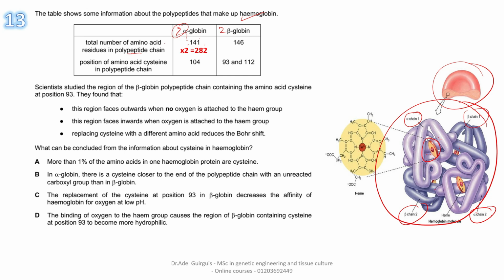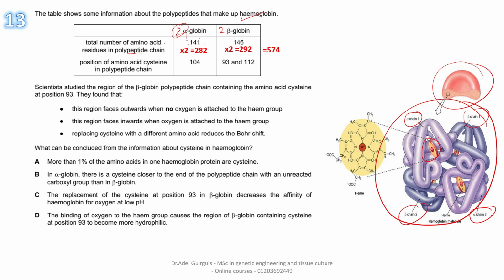What about 2 beta? Each beta contains 146. So, 2 beta equal 292. Add all the amino acids together to obtain the sum, equal 574 amino acids in the whole molecule of hemoglobin.